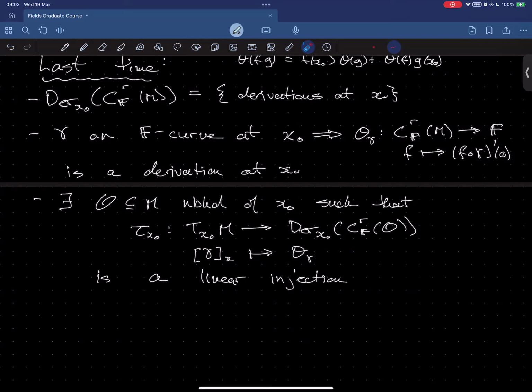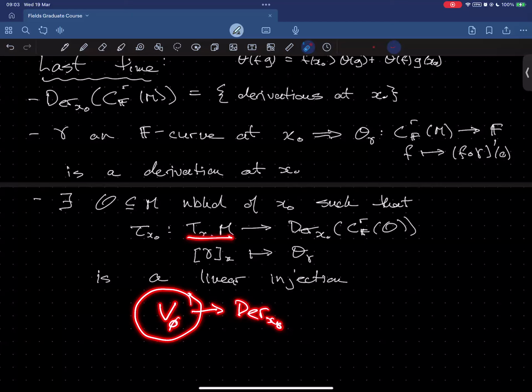We basically proved that it was linear. What we really proved was that if you choose a chart and then represent the tangent space in the chart, the mapping v phi into the set of derivations was linear. But part of what we did there was we showed that there's a bijection between v phi and the tangent space.